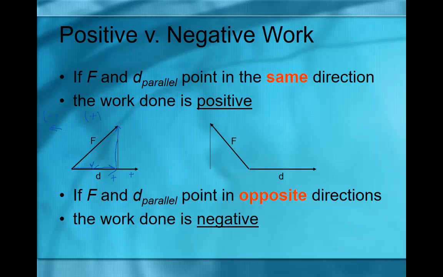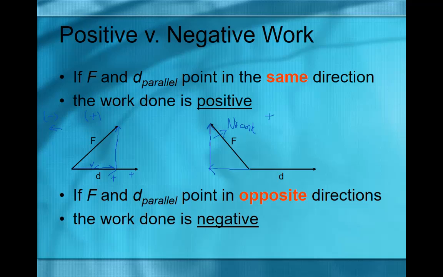In the other example here, we have this force vector, and this can be broken into component vectors as well. Now, this vertical one is not doing work, no work, because it's not in the direction of motion.